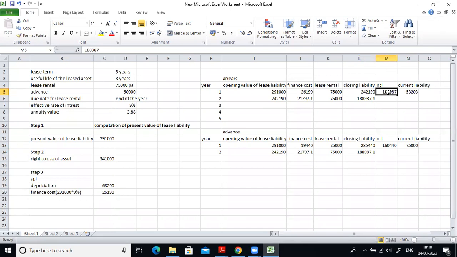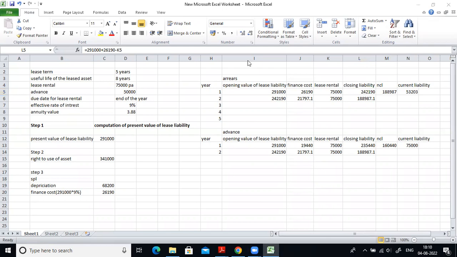Just try to understand: at the end of the first year, we are showing a closing liability of 2,42,190. In that, we need to compute the liability which is not related to the current year. That is nothing but the non-current liability. So if you compute the closing liability of the next year, then that will be the non-current liability part.